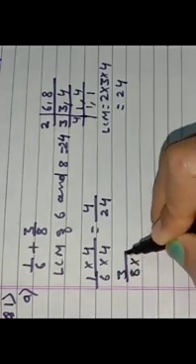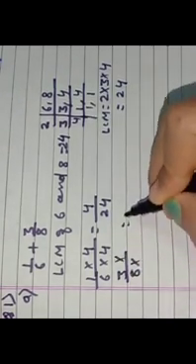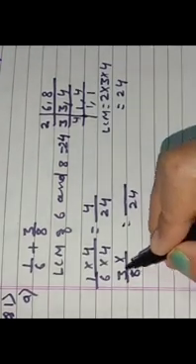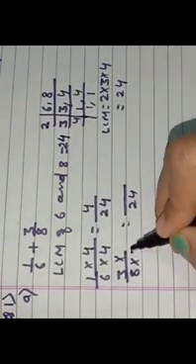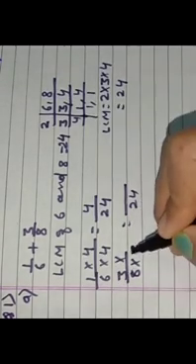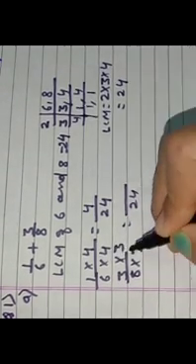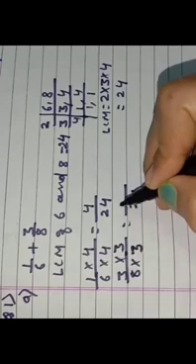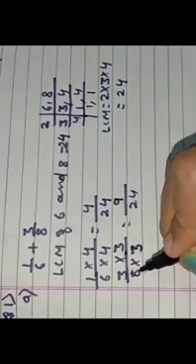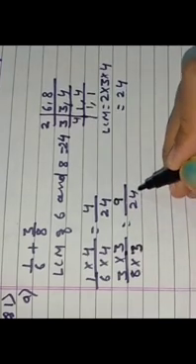And second fraction, 3 upon 8. We have to get here 24. So we will multiply 3 upon 8 by a suitable number, that is 3. Okay. Now 3 3s are 9 and 8 3s are 24.